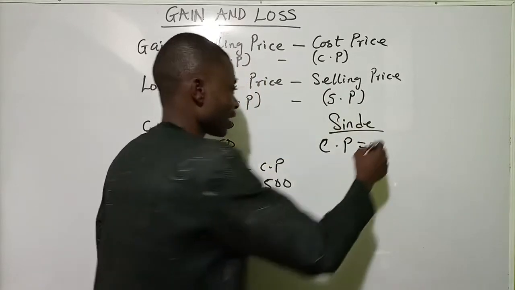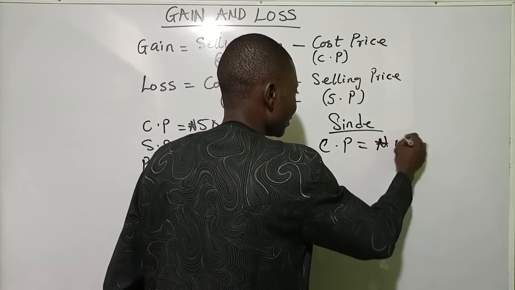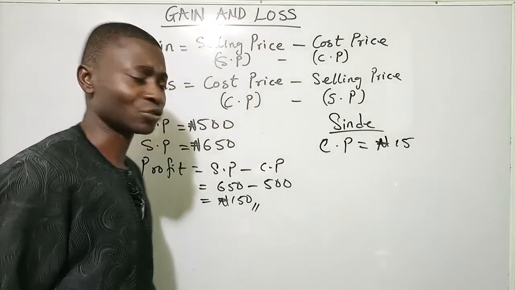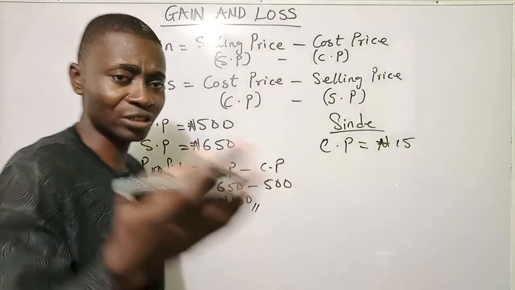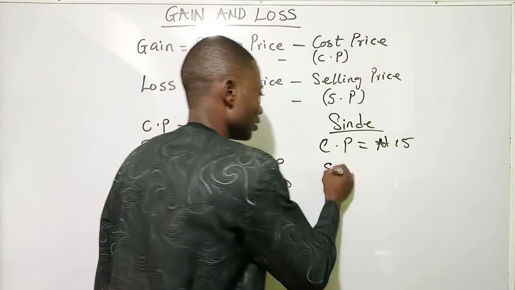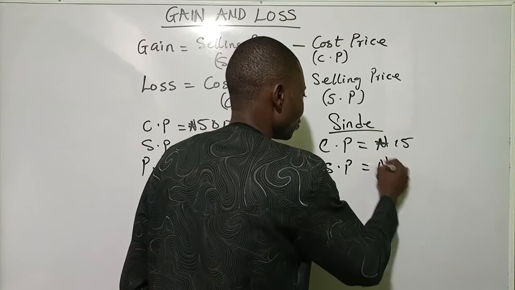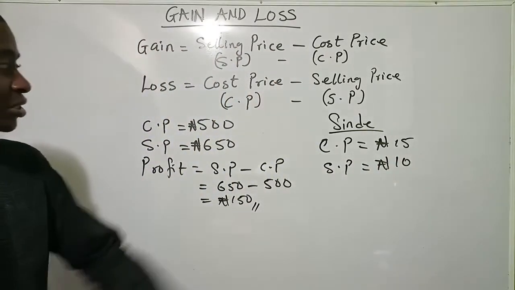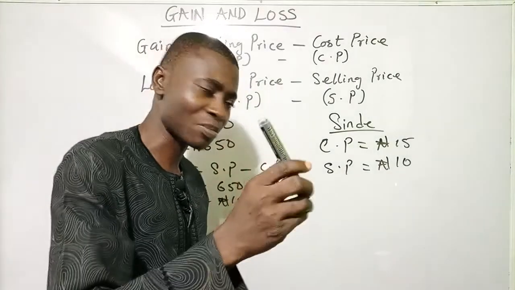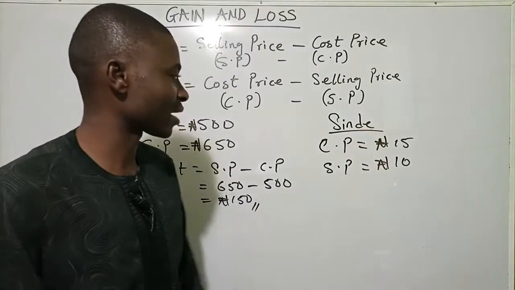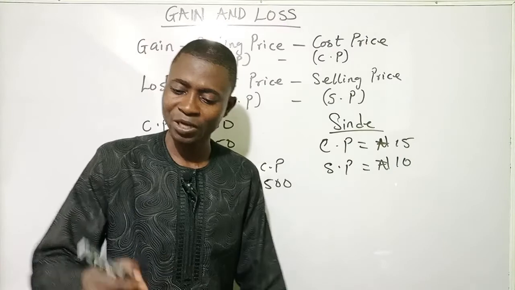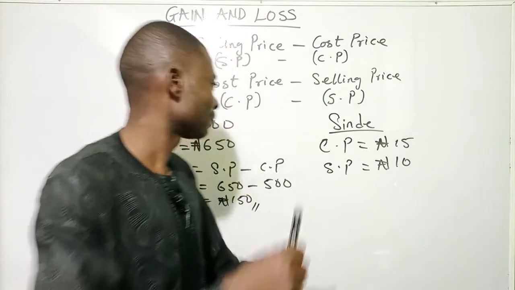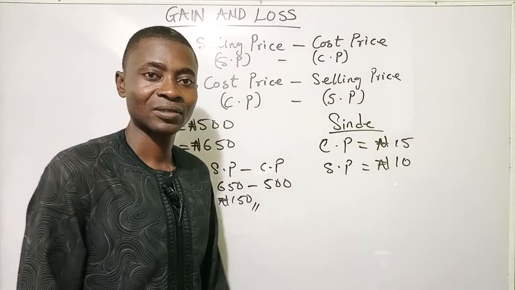She brought it to her shop, and then sold it to one of her customers for 10 naira. So Mrs. Cindy went to the market, bought this marker for 15 naira, and after getting to her shop, she sold it to one of her customers for 10 naira.